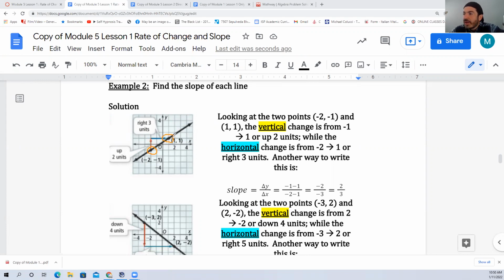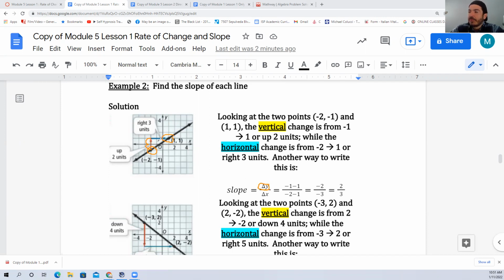The vertical change is from -1 to +1. By vertical, they mean the up and down, the y, right? So if you notice, they went 1, 2, and now we're in line with 1. So the vertical change, that's my change in y right here, is 2.